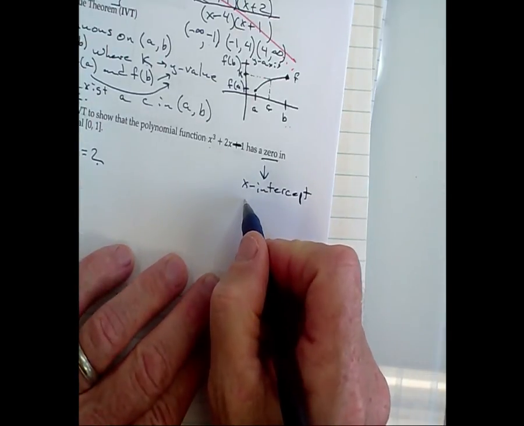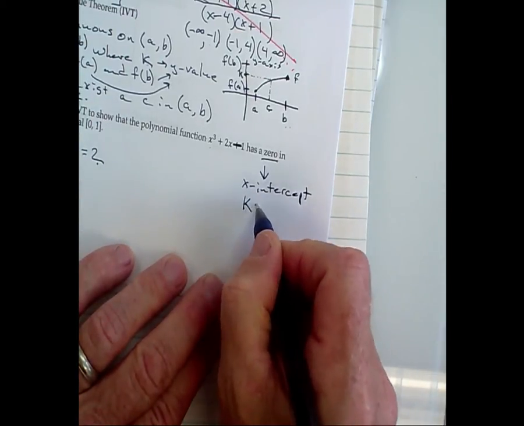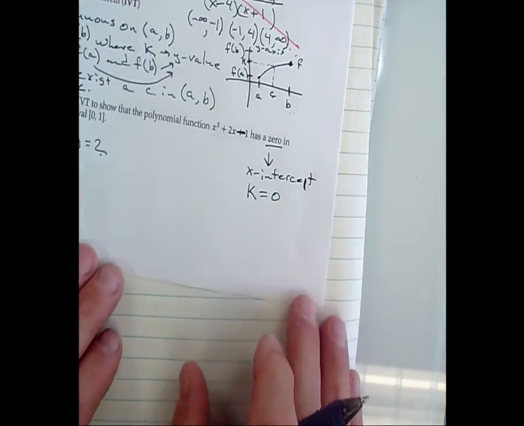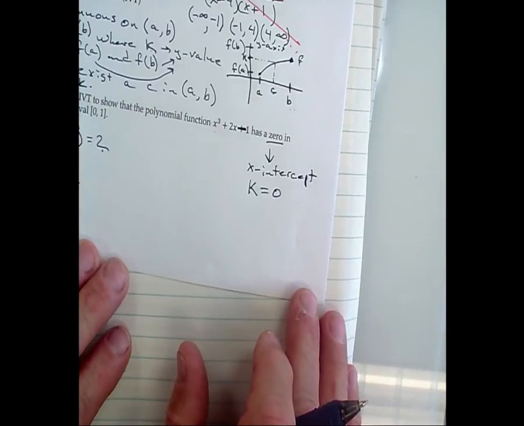So k is equal to 0. k is a y value, k is 0. The biggest mistake that people made last year on this problem, because you'll see this kind of problem again, is they made x 0. It's not, is it? y is 0. Now, we've done all our work.